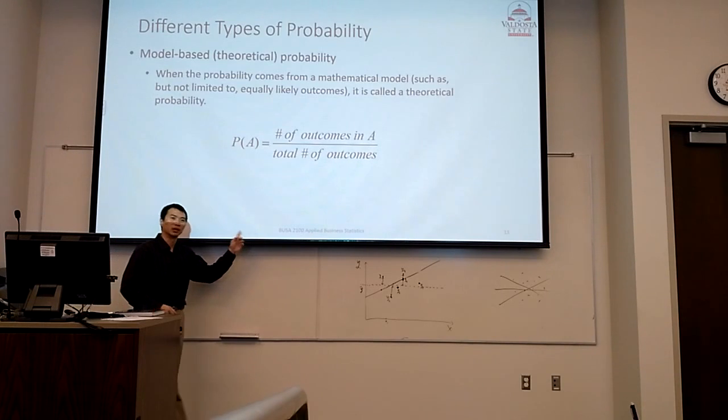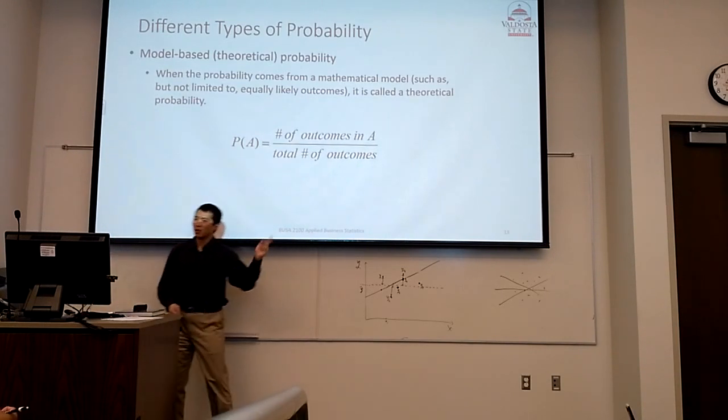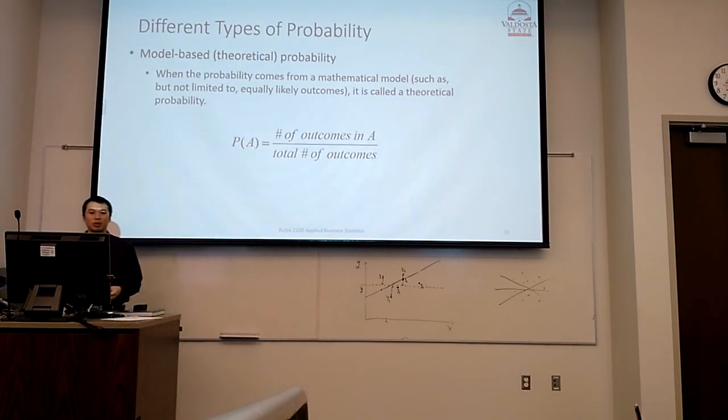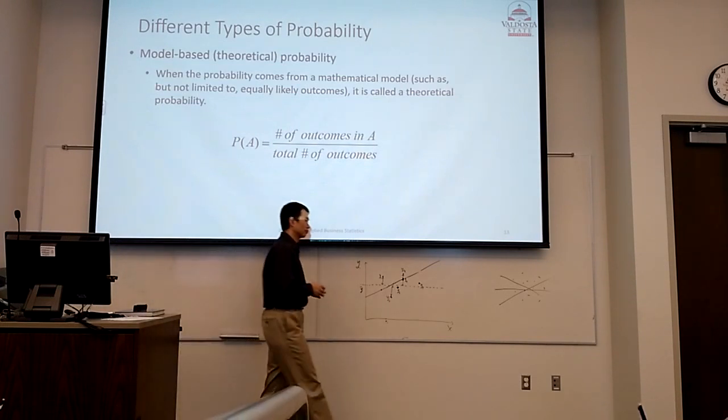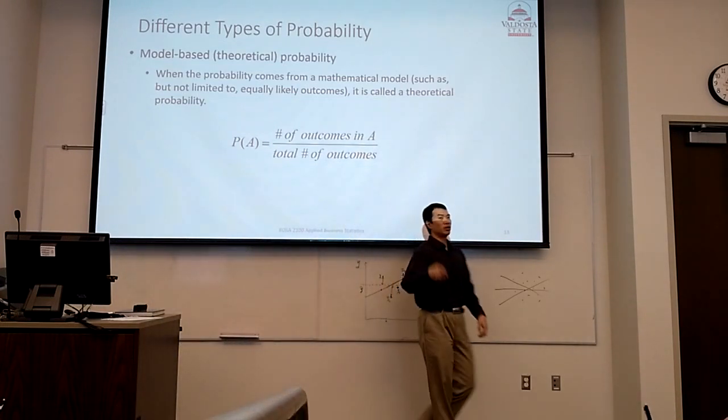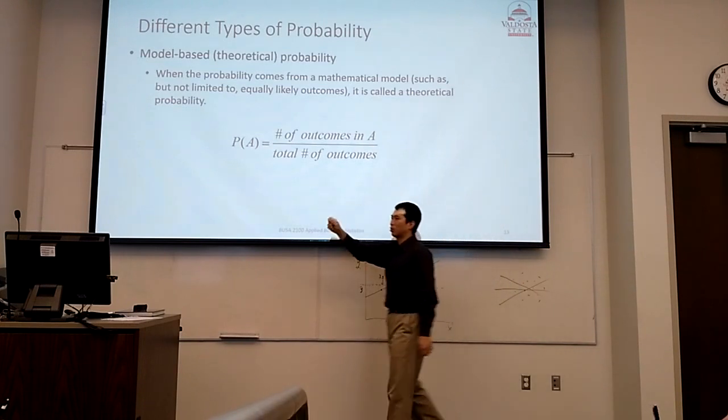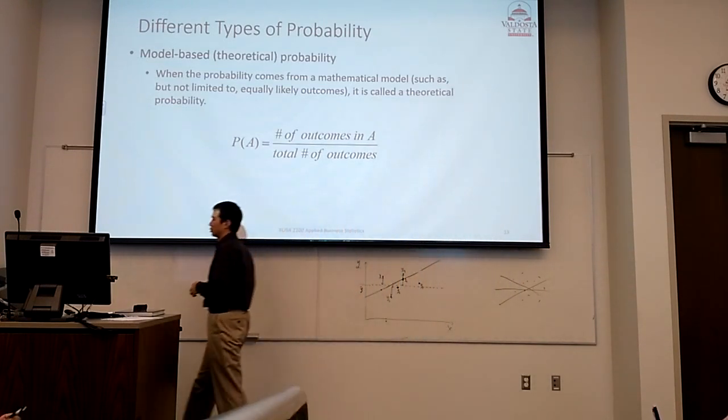The second type is model-based or theoretical probability. When the probability comes from a mathematical model, it is called theoretical probability. The probability of event A is equal to the number of outcomes in A over the total number of outcomes. We use this theoretical probability a lot in the following chapters.